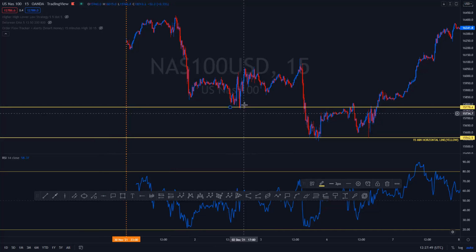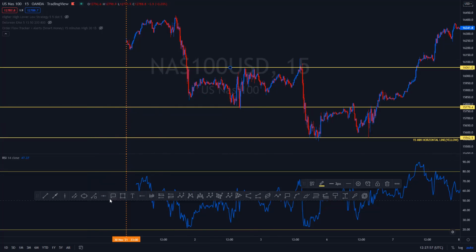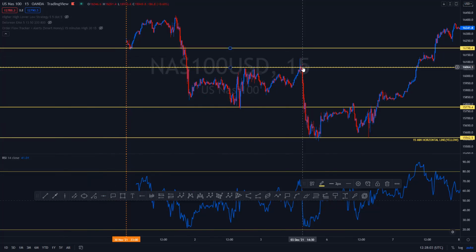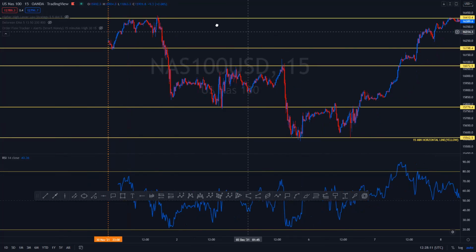There's a lot of liquidity here, made price bounce all the way up to this point here. All the way up to here.